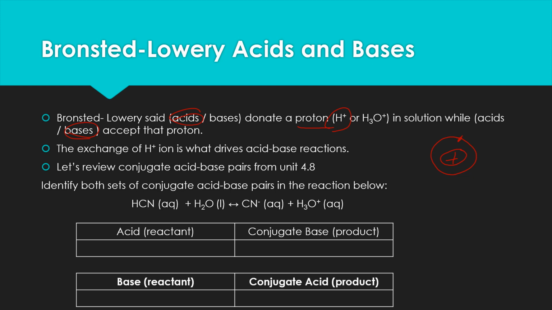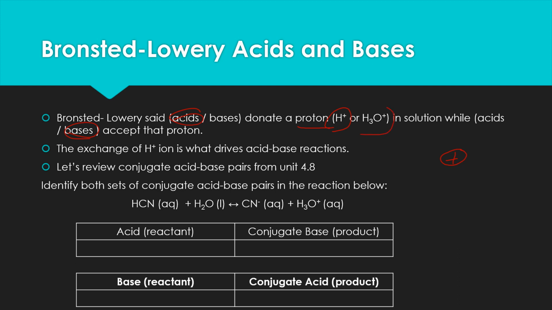But if we take away that electron, then we just have a proton left. So a hydrogen ion, an H+ ion, is really just a proton. So that's why they say an acid donates a proton, and that a base accepts that proton. So another way of saying that is that it donates a hydrogen ion or accepts that hydrogen ion.